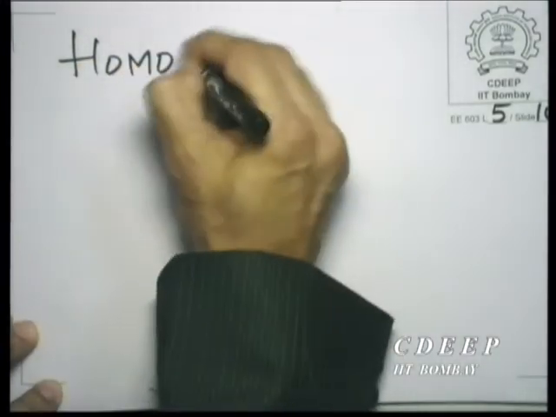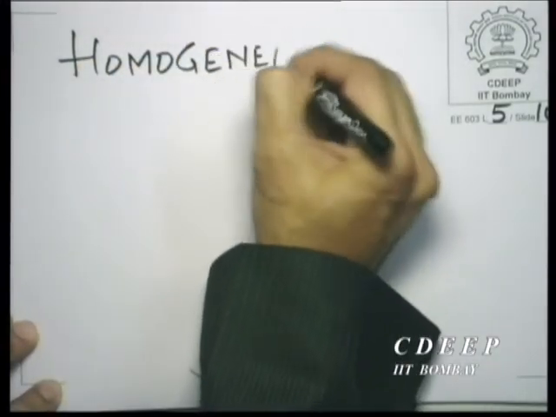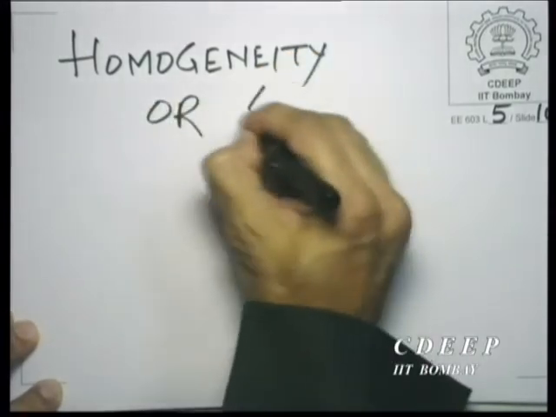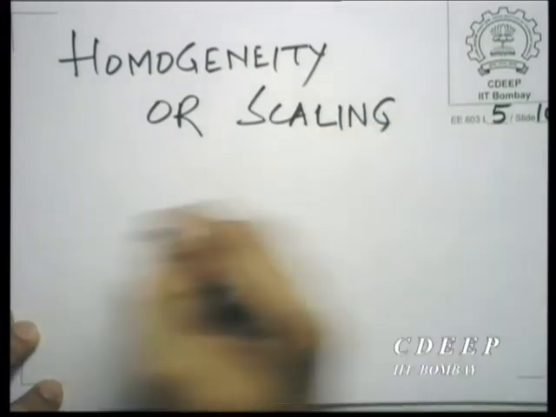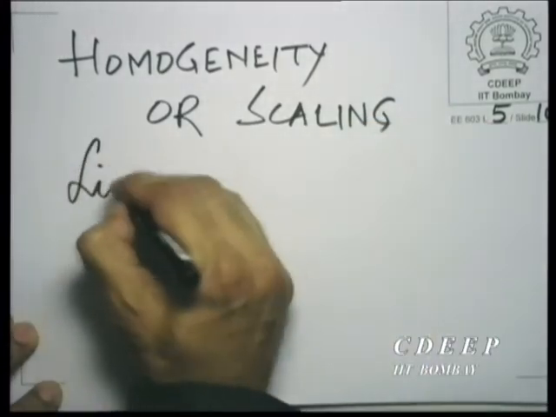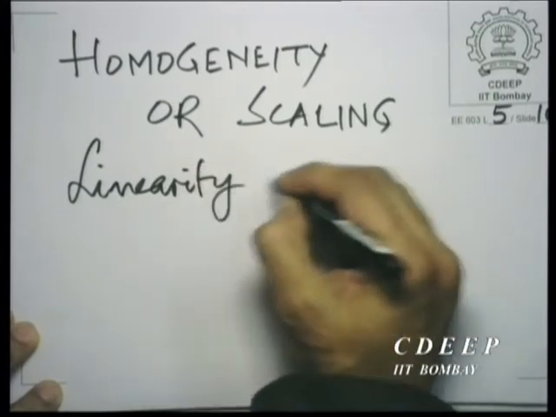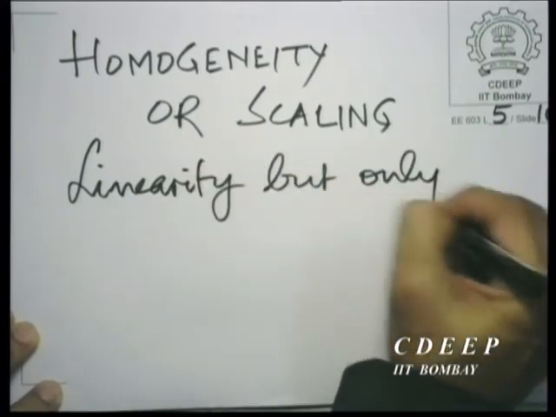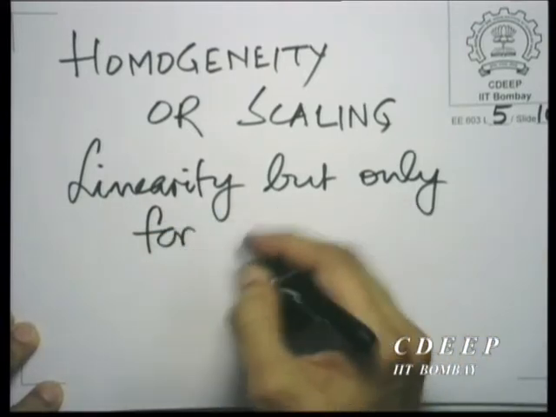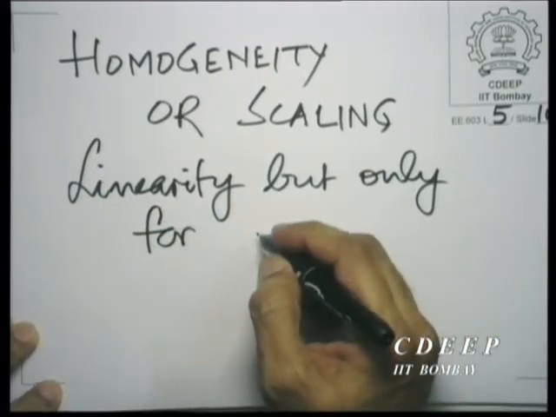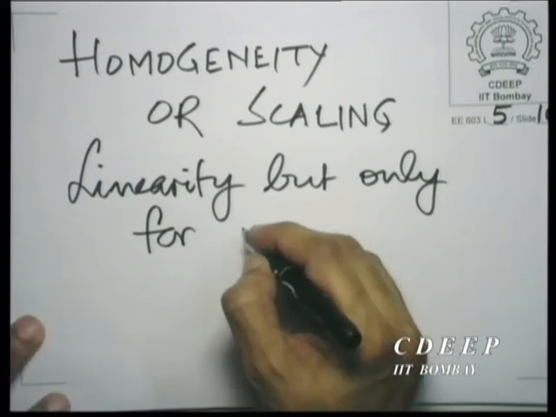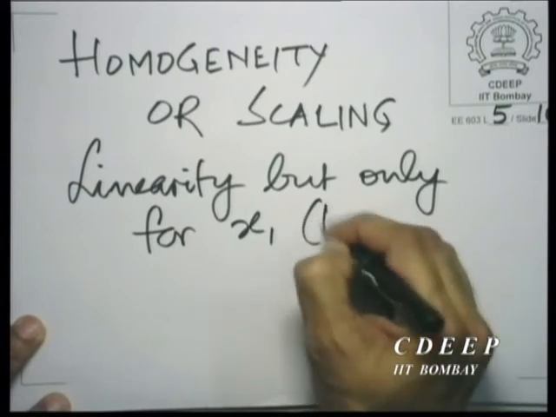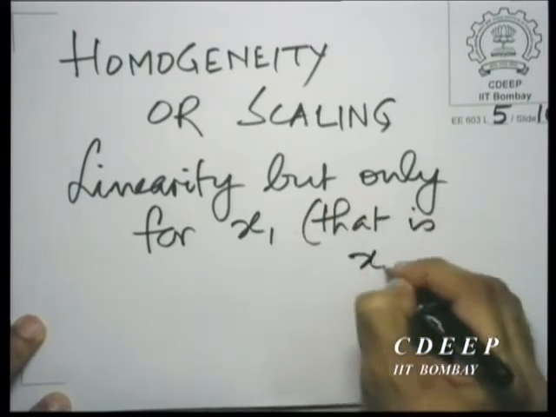And the other restricted form of linearity is what is called homogeneity or scaling. And that is essentially linearity, but only for, well, this is tricky, only for x2 equal to 0.